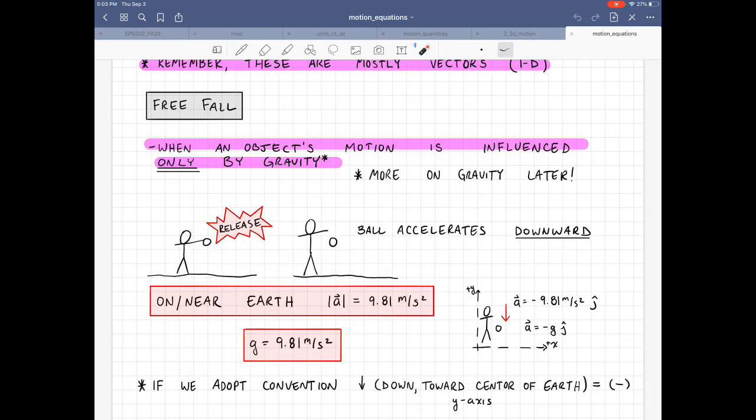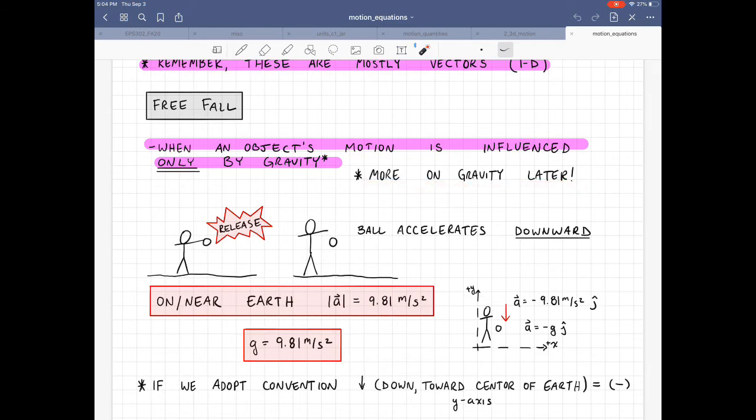One particular type of motion that gets pointed out in the book and emphasized, and we have experience with quite often in our daily lives, is something known as free fall. Free fall occurs when an object's motion is entirely influenced by the force of gravity. It's kind of tough to introduce this because we haven't actually talked about forces yet.